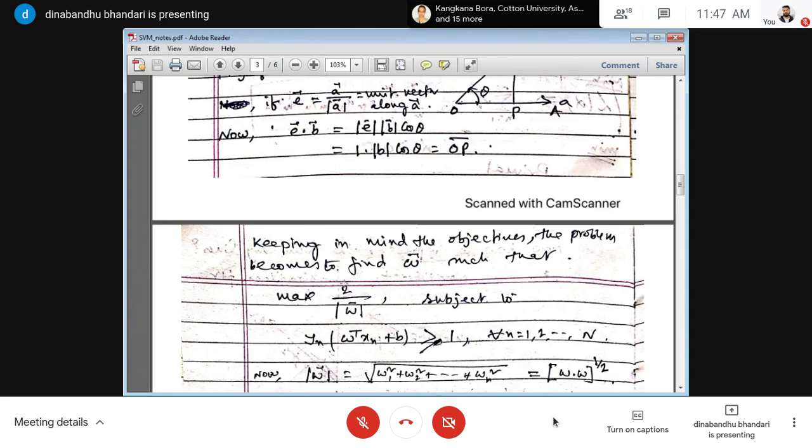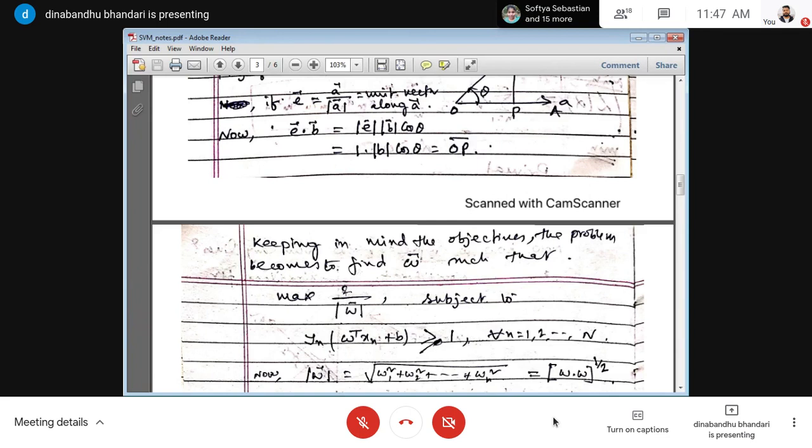And we have to maximize this margin 2 by norm of W. And what is this norm of W? That is the square root of W1 square, W2 square up to WD square, whatever it is if there are D. In two dimensions, it is the square root of W1 square plus W2 square. That is the magnitude of a vector, we know that. We have to maximize this.